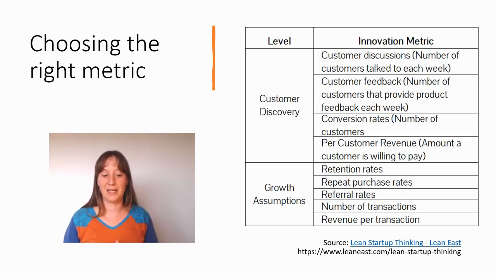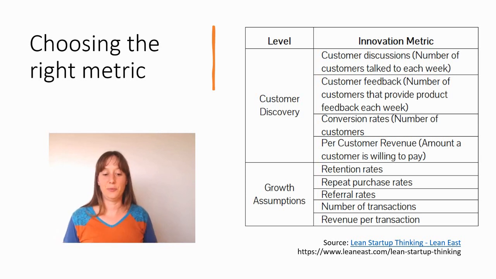There's a couple of examples here. For example, in an early phase, you can use the number of customers talked to, but even more the customer feedback and the insights that you get from that, the conversion rates, how many people are converting out of all the people that you're getting to, per customer revenue, the amount that the customer is willing to pay.